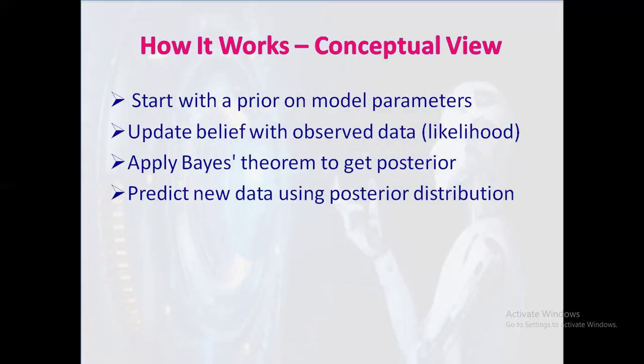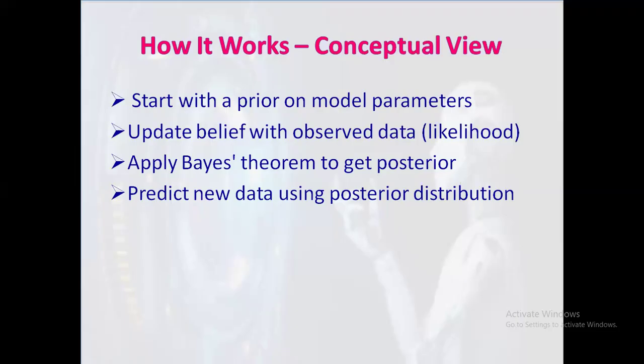How it works, the conceptual view. Bayesian linear regression begins by assuming a prior belief about model parameters, typically that the weights follow a Gaussian distribution centered around 0. Once the data is observed, the likelihood of the data given the parameters is computed. Bayes' theorem is then applied to update the prior belief into a posterior distribution, which incorporates both the prior knowledge and the observed evidence.